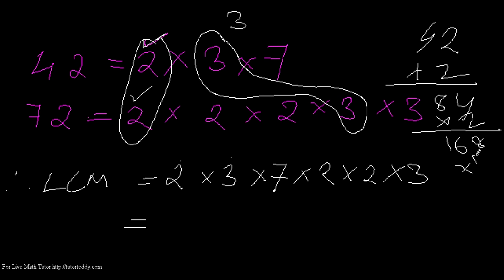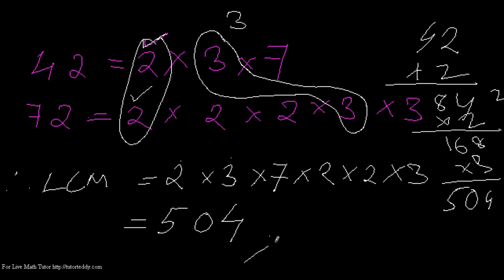Into 3 is 3 8s are 24. I have 2. 3 6s are 18. Plus 2 is 20. I have 2. 3 1s are 3 plus 2 is 5. So my LCM comes as 504.